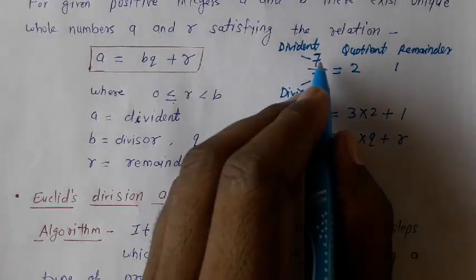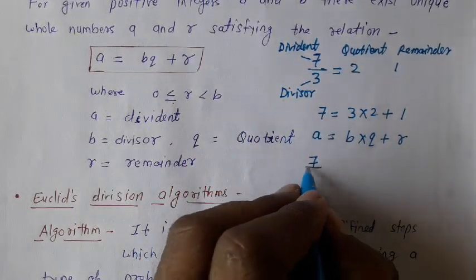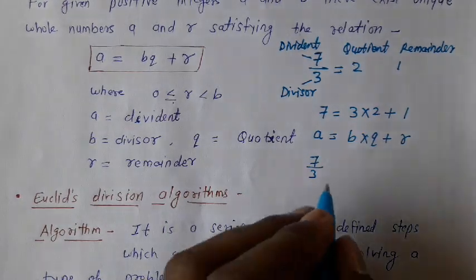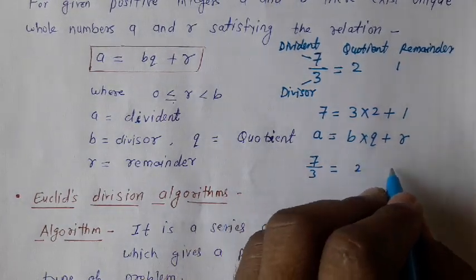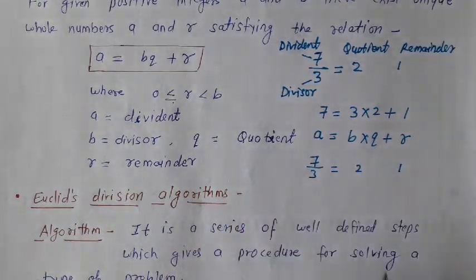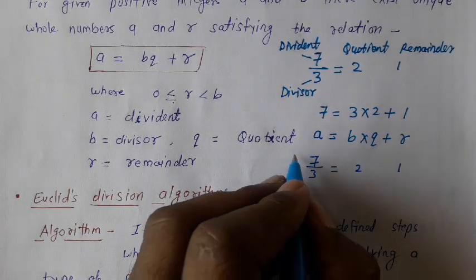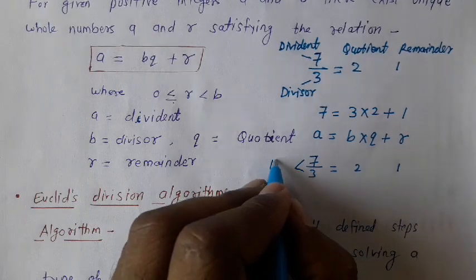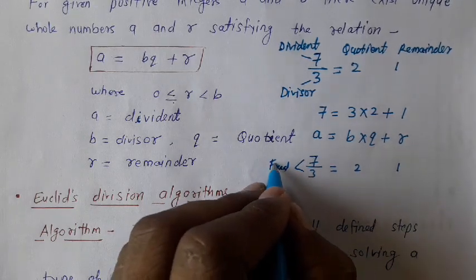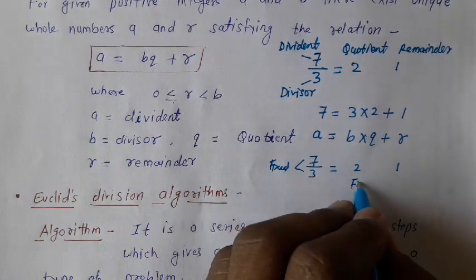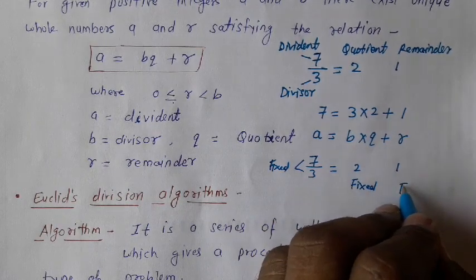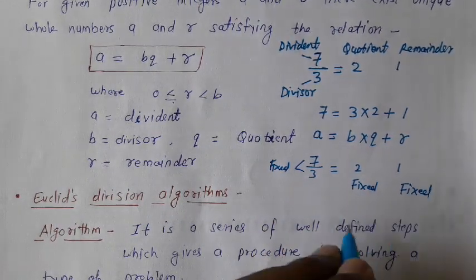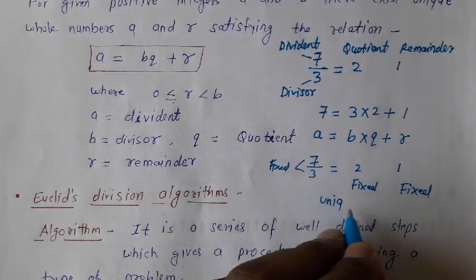So with 7 divided by 3, we can understand the uniqueness. 7 divided by 3 gives quotient 2 and remainder 1. Both are fixed. 2 is fixed and 1 is fixed. So you can understand the uniqueness.